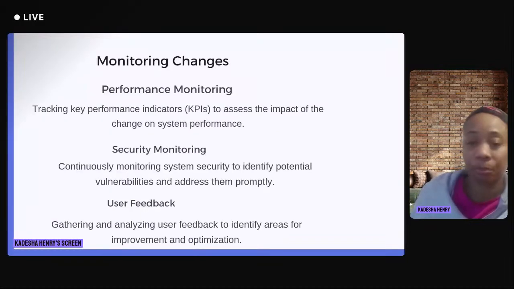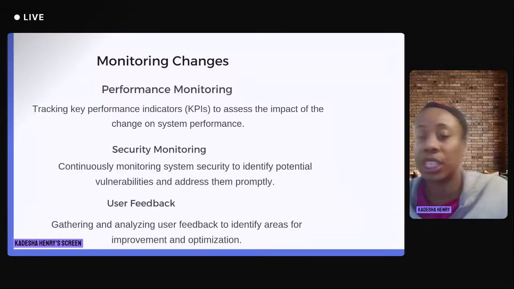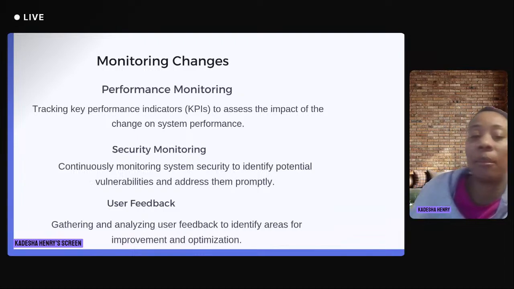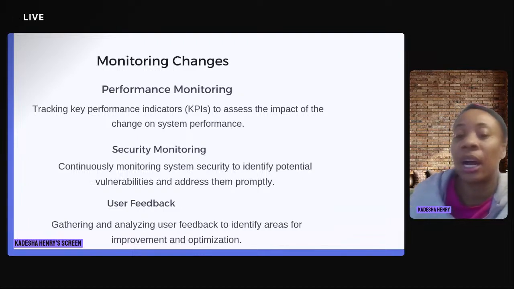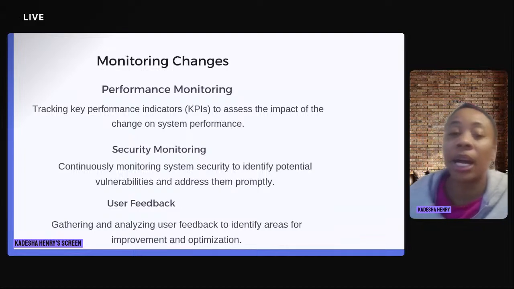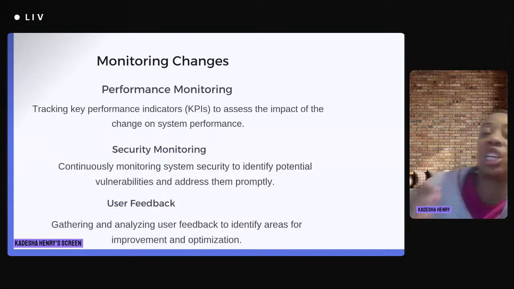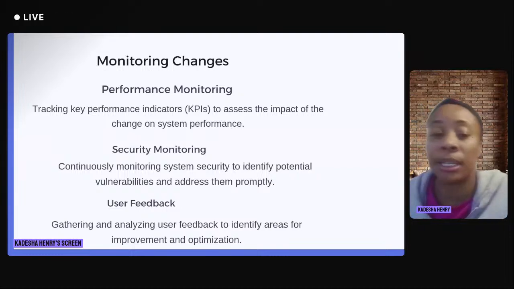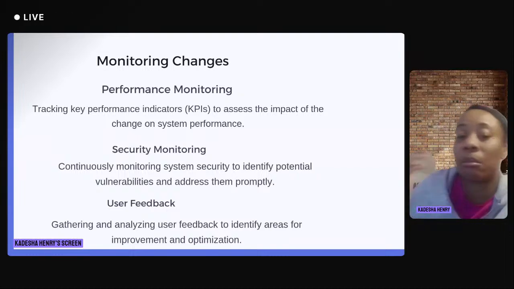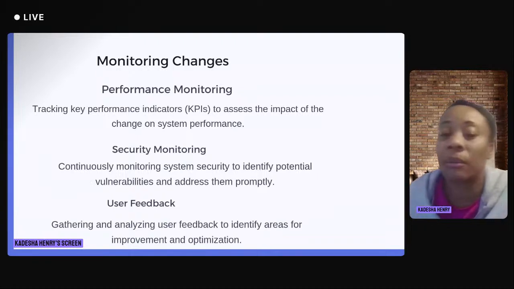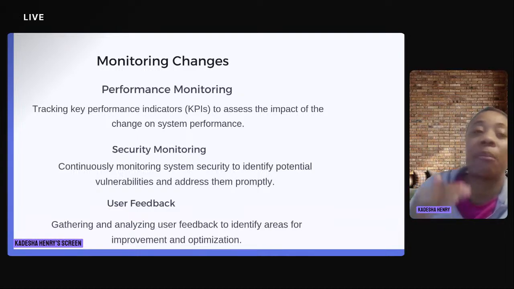Okay, then we're going to monitor the changes. Performance monitoring: tracking key performance indicators to assess the impact of the change on system performance. So not only have we made the change, but we're going to monitor the performance, and we're going to have security monitoring, right? Continually monitoring the system's security to identify potential vulnerabilities and address them promptly.